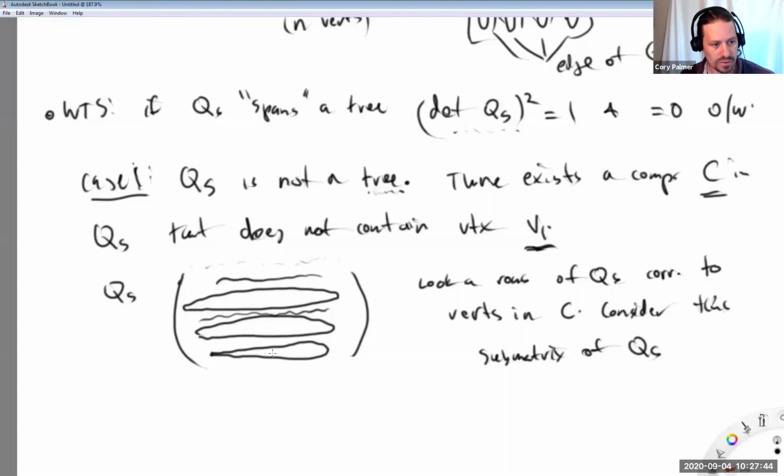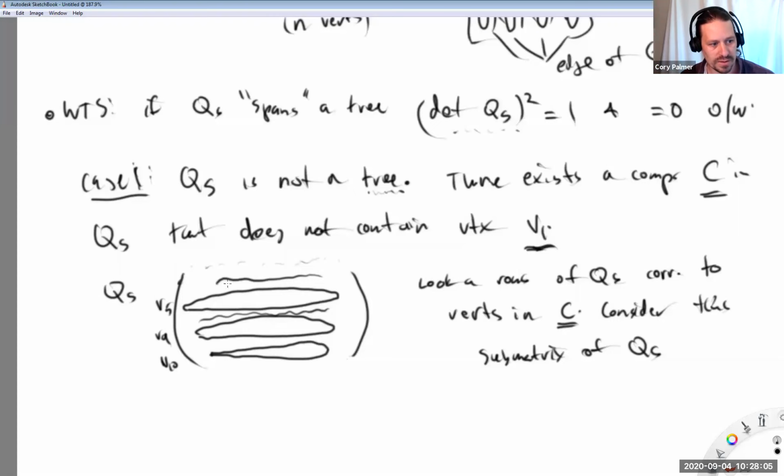In these rows, there's no edge leaving. Each of these is a vertex, like V5, V9, V10, whatever. There's no edge leaving these rows because this is a component of the graph. All the edges are inside that component, and nothing goes out of it. Otherwise, that would be a larger component.